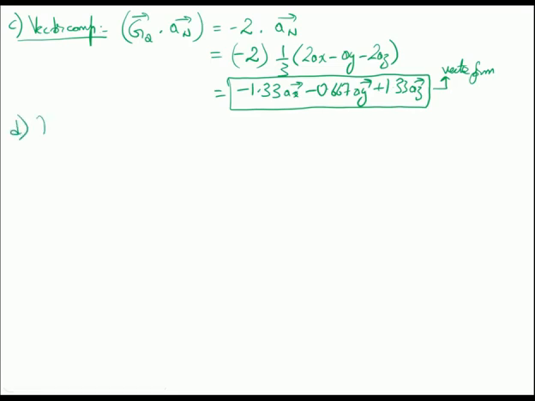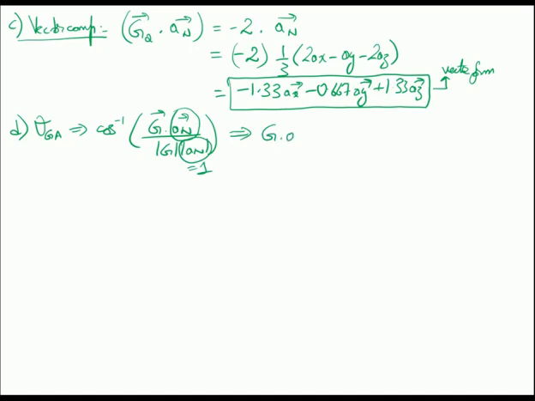The final part of the question is to find the angle between G and A. The angle is basically cos inverse of G dot A of n divided by the absolute of G times the absolute of A of n. But we know that one of the elements is a unit vector, so that magnitude will be equal to 1. So our equation simplifies to G dot A of n equals absolute of G cos theta.